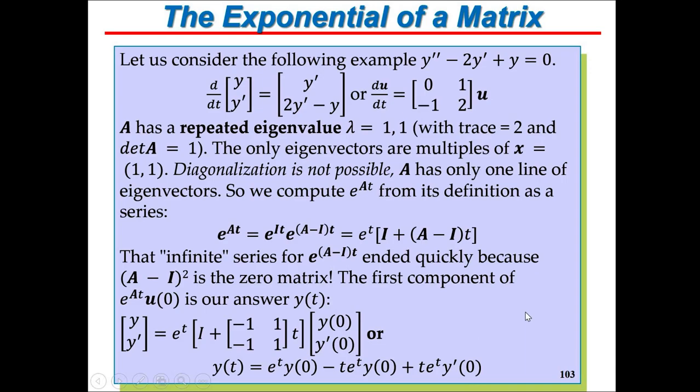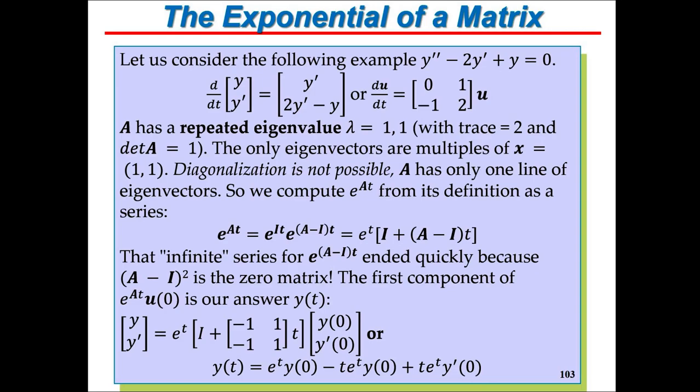You may have memories of this from differential equations, right? So if you have repeated eigenvalues, you have to try solutions that are not just of the form e to the lambda t, but also other solutions.